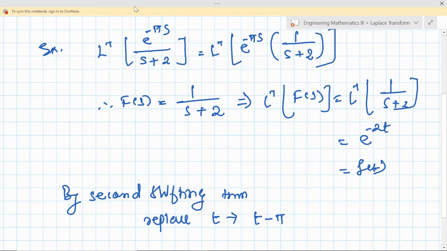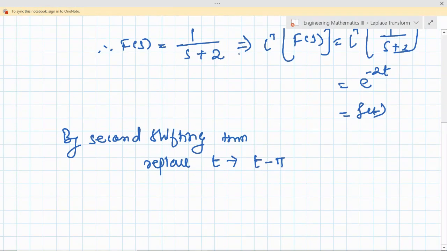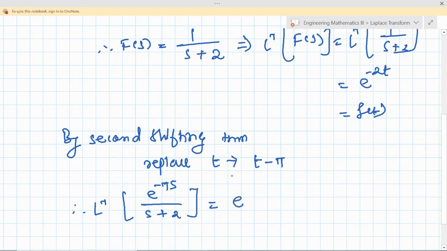So we are replacing t by t minus pi, and therefore inverse Laplace of e raised to minus pi s divided by s plus 2 is equal to, this function is divided into two parts actually. So this is f of t minus pi for t greater than pi, and 0 for t less than pi.